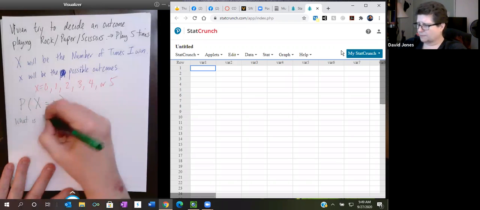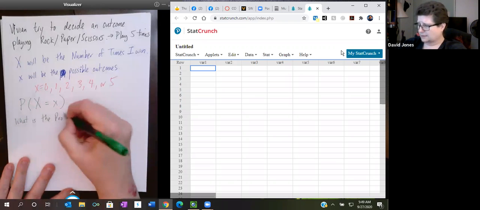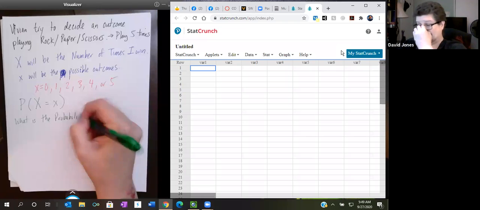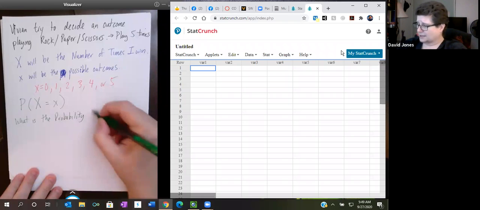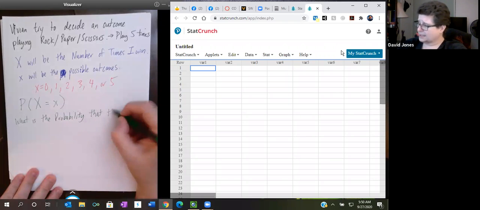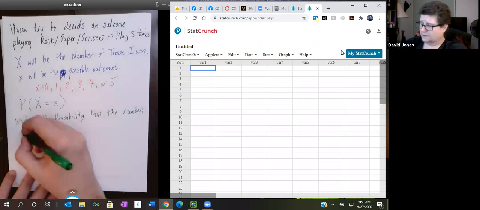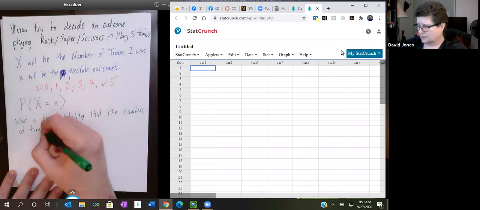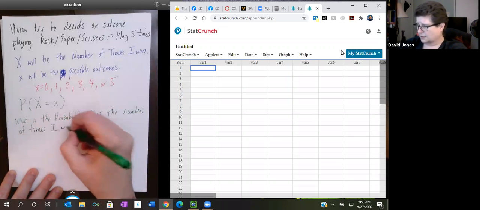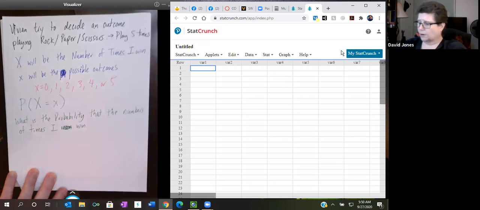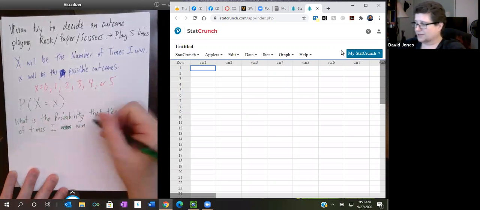What is the probability that the number of times I win, which is the same thing as the random variable?